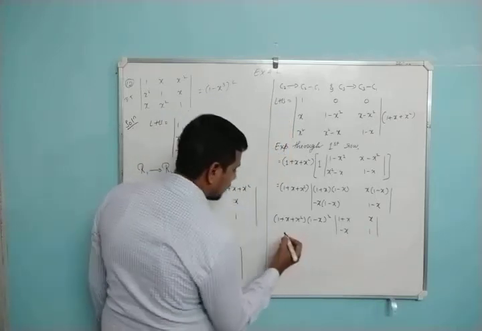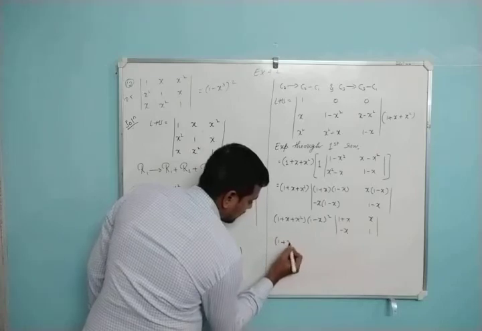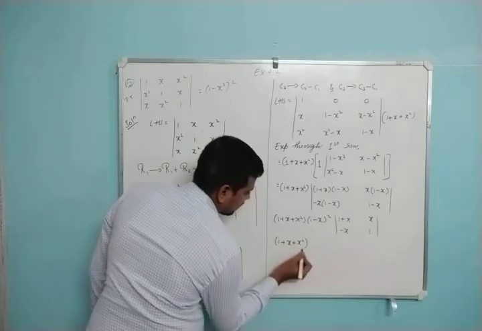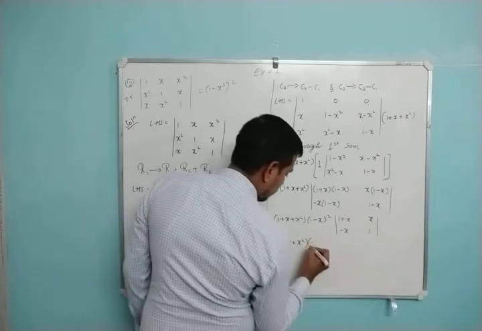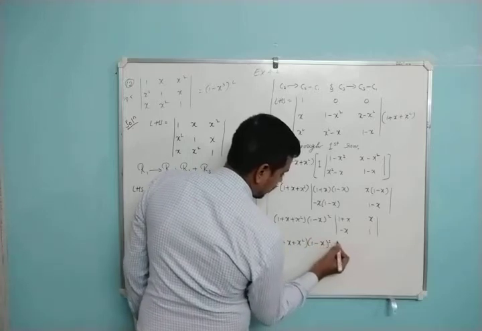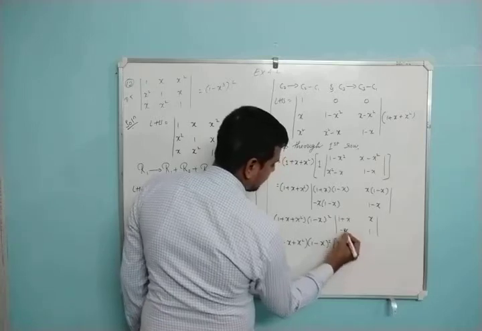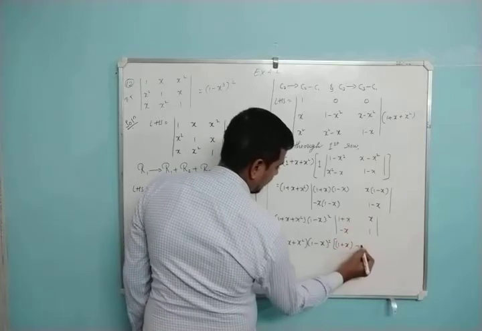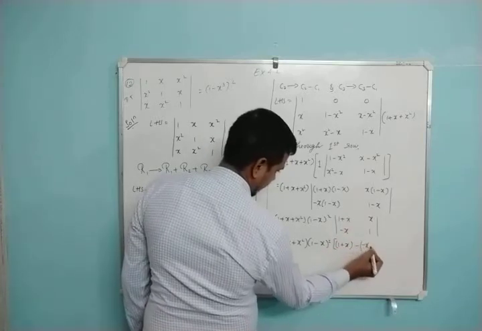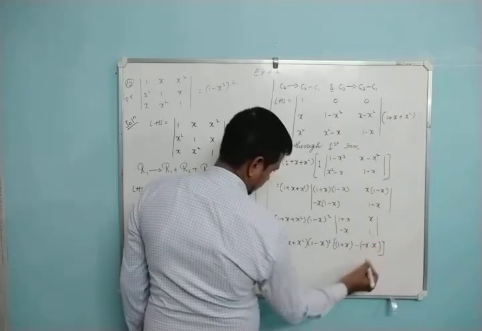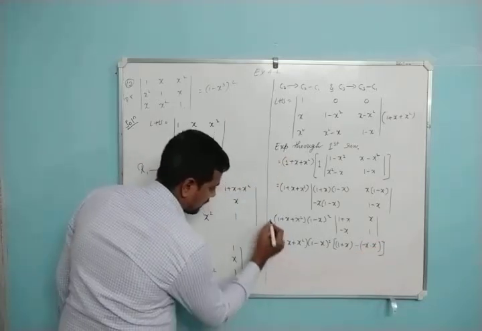So this will be 1 plus x plus x square into 1 minus x the whole square into the determinant: 1 plus x into 1, minus x into x.